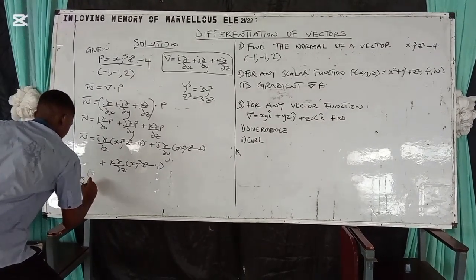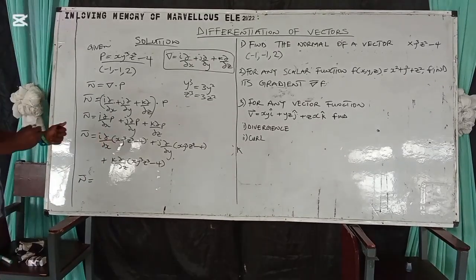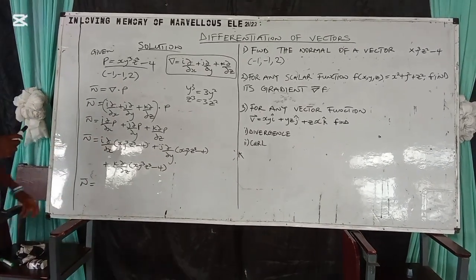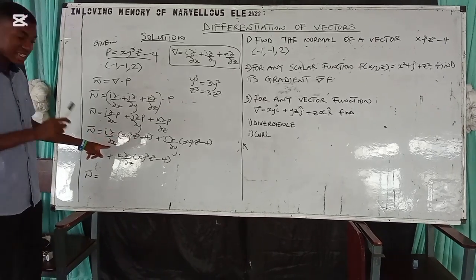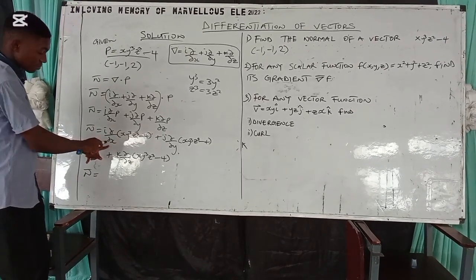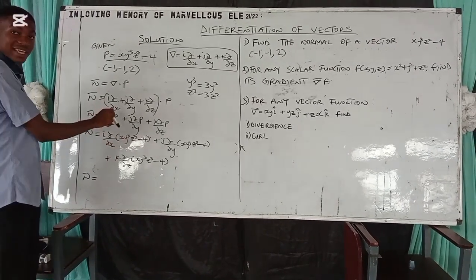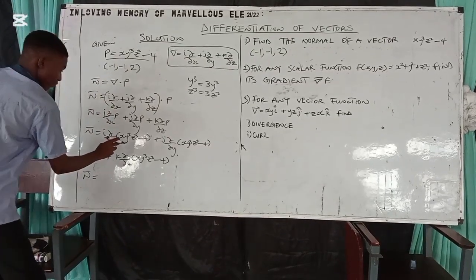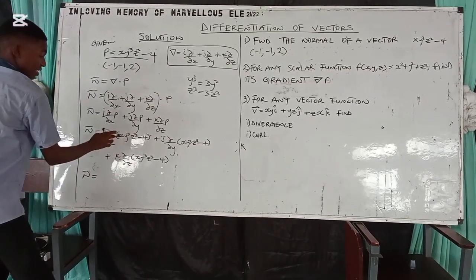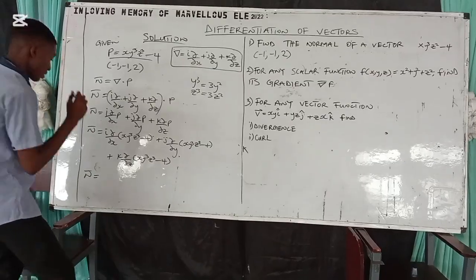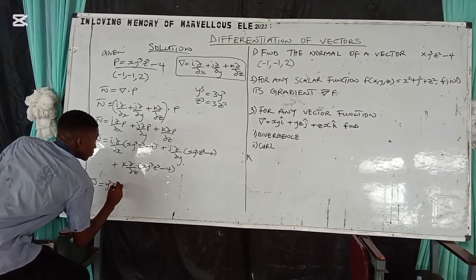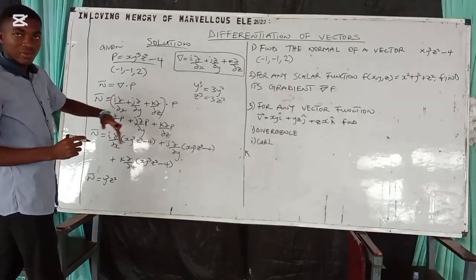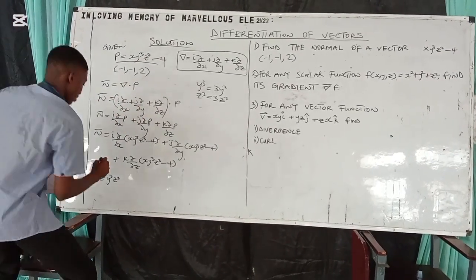For i, we differentiate this vector with respect to x only. So now let's try it. Differentiate x, it turns to 1. So x is gone. We have y cubed z cubed. Differentiate 4, the constant, we get 0.